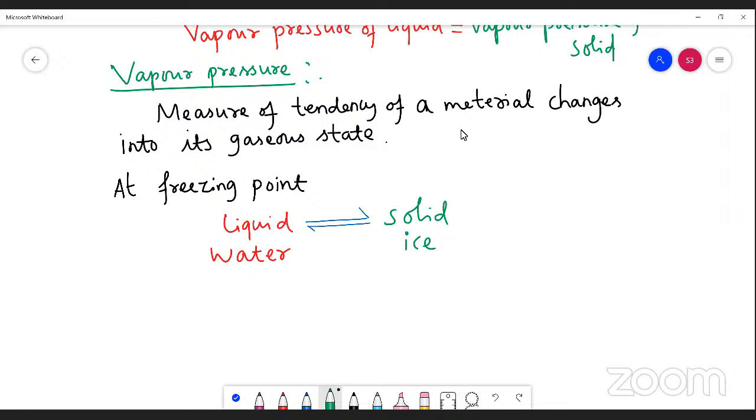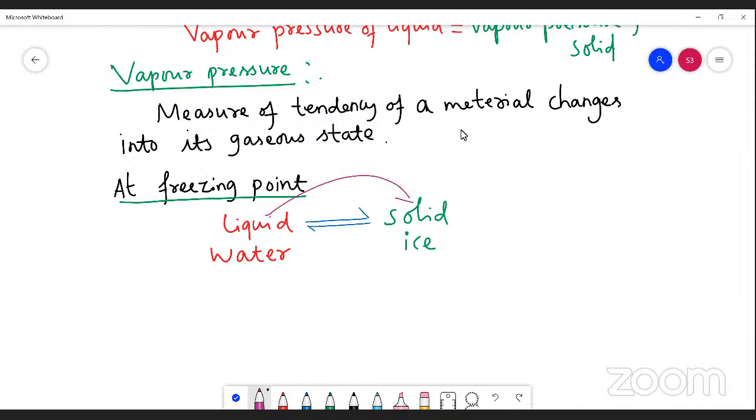Here we discuss the conversion of a liquid to a solid. So at the freezing point, the liquid water is in equilibrium with the solid. What is the meaning of this? At the freezing point, the liquid is converted into solid.